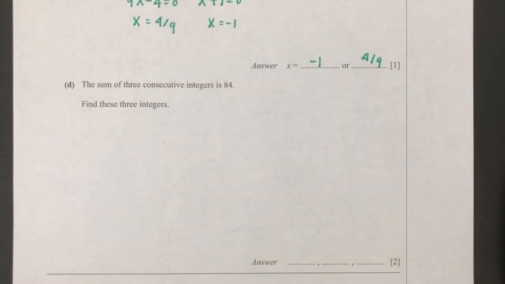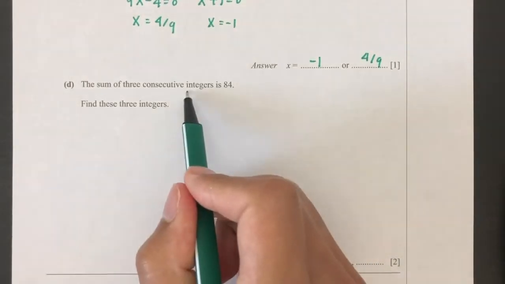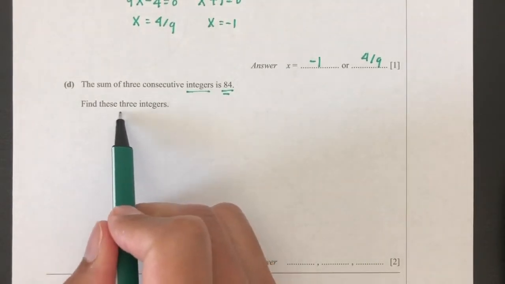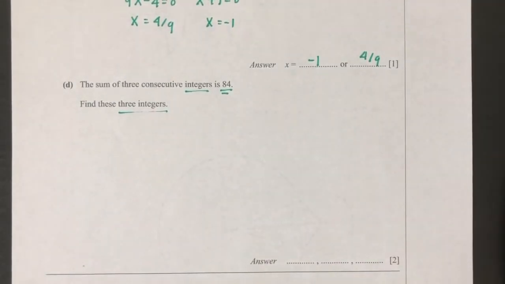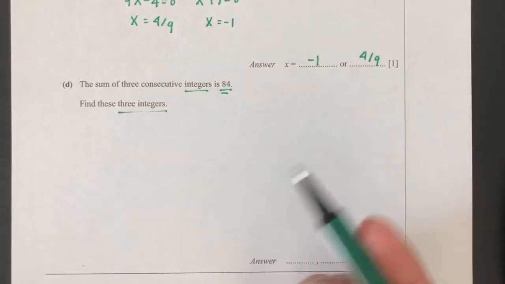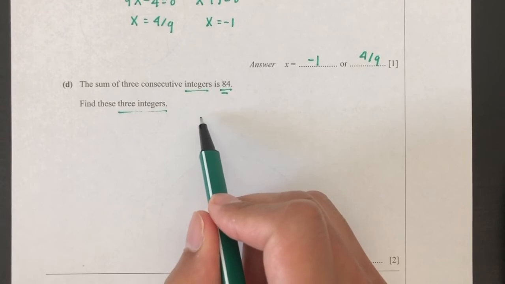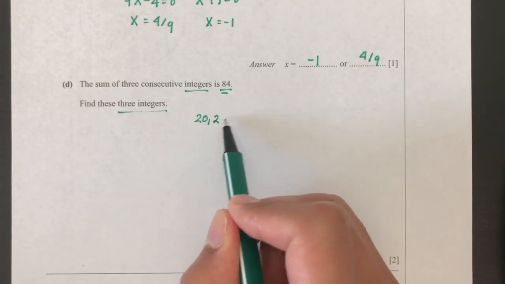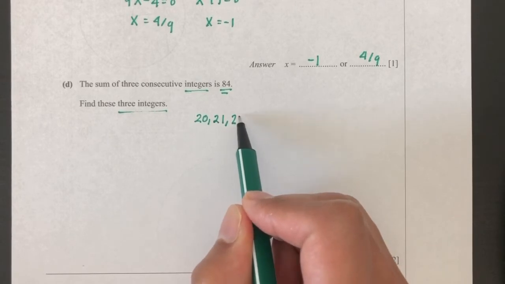Now for part D, the sum of three consecutive integers is 84. Find these three integers. So in those cases, you can do it by trial if you want to. So what do you think will be the sum of those three integers? By trial, let's try 20, 21, and 22.